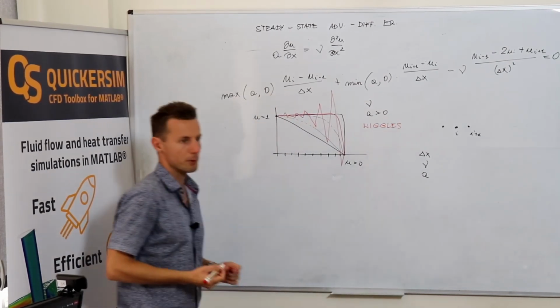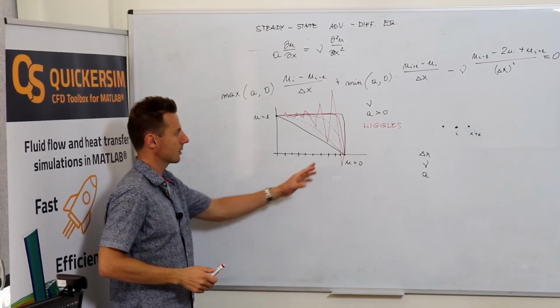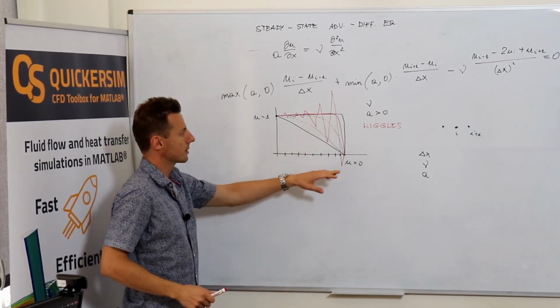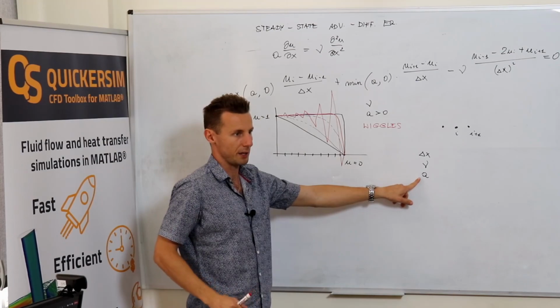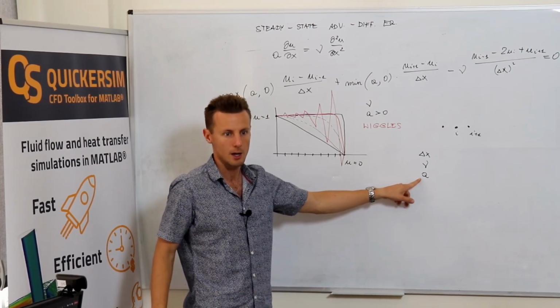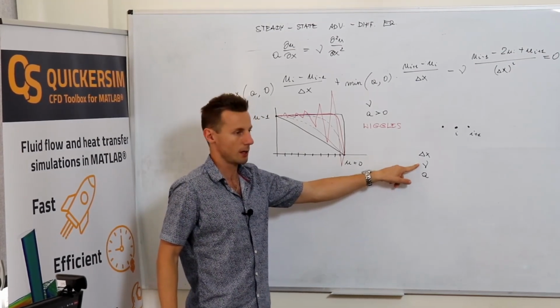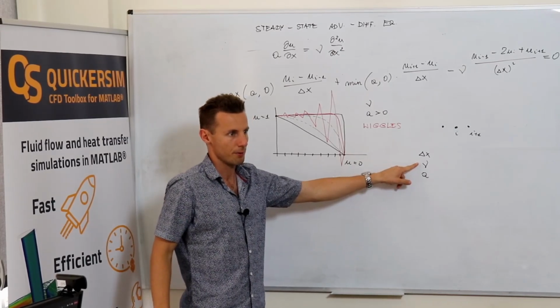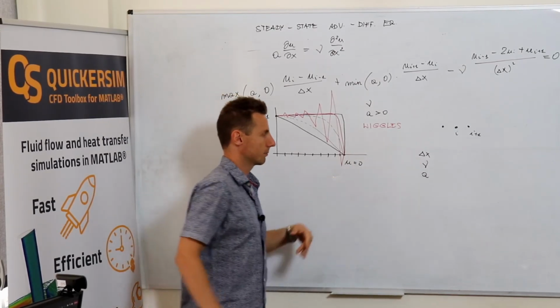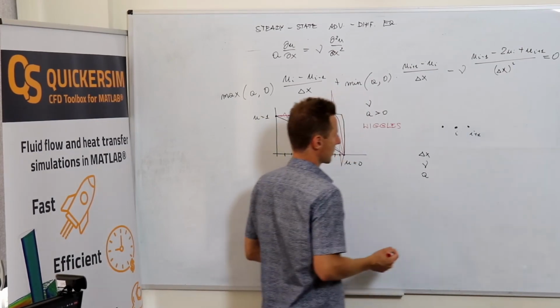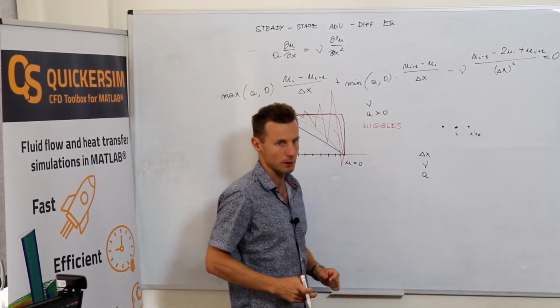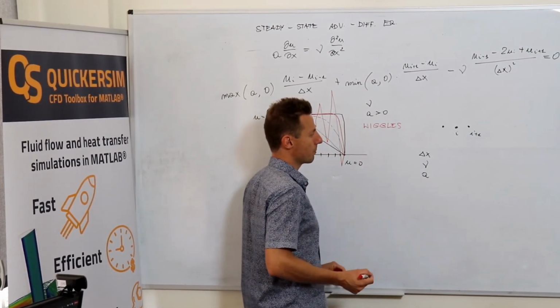It's a well-known phenomenon in numerical discretization. You can get really huge wiggles if you go with the velocity too high, or if you go with the diffusivity too low. The parameter that describes whether you will get these wiggles or not is called the Peclet number.